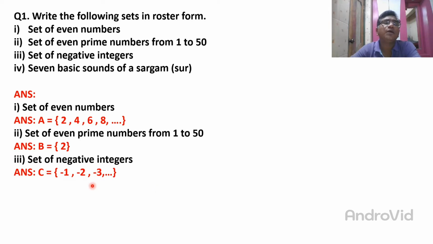So here we write the set of negative integers: -1, -2 and -3. There is no limitation given here. The integers go up to 10, up to 20, no limitation is given. So when the question gives no limitation, whatever numbers you know, you write, and afterwards you put a dash.